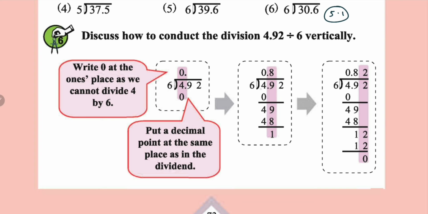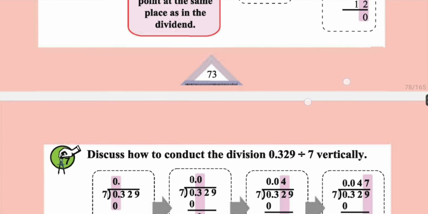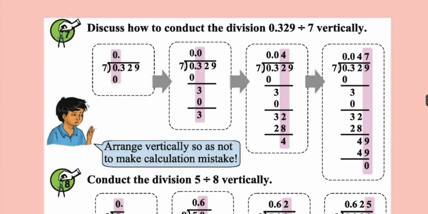After the point you can bring down 9, so this becomes 49. 6 8s are 48, 1, 2 will come down automatically, 6 2s are 12. Once you put the decimal point, the other number will come down automatically. Okay, every step you can bring only one number without putting a 0.